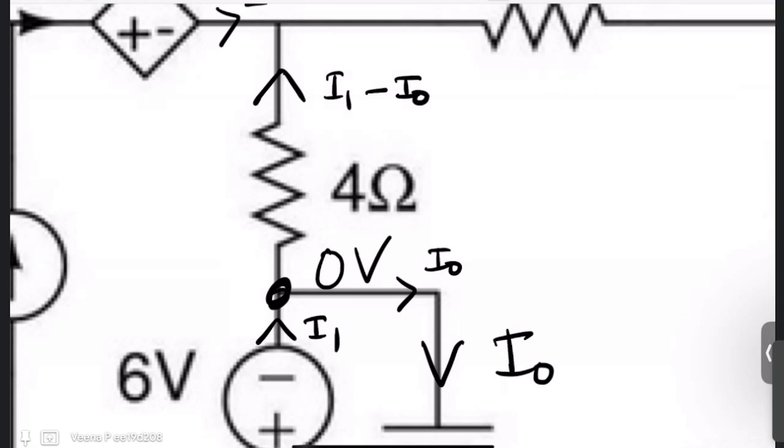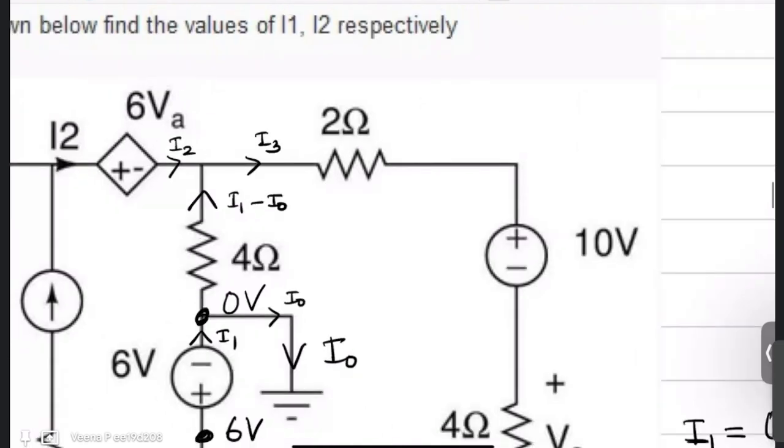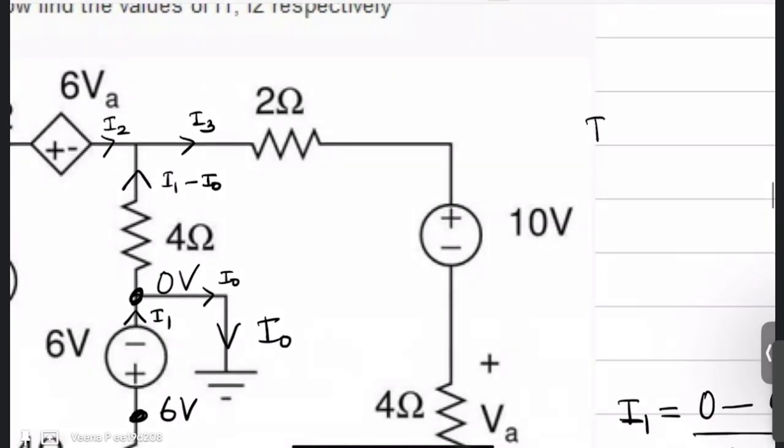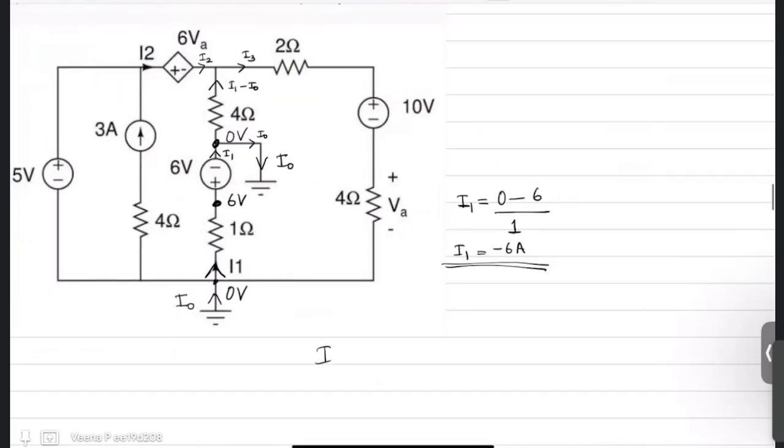Just apply KCL at this node. So I1 minus I0 and I2 will give you, let this be I3. If this is the case, then your I3 is I1 minus I0 plus I2.